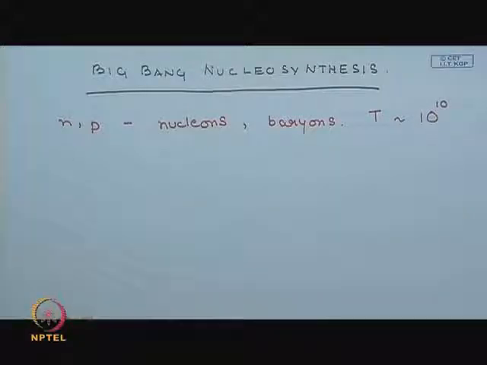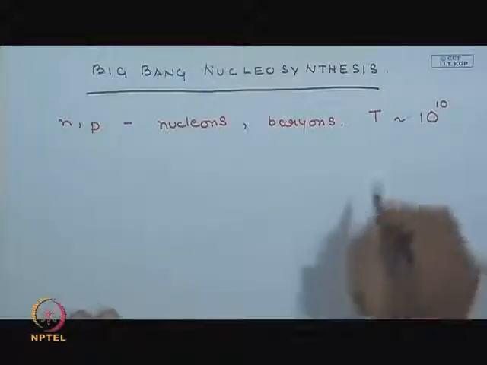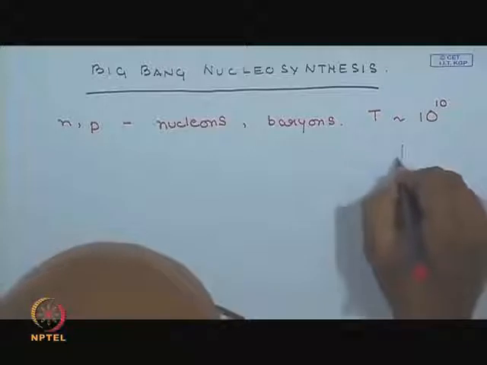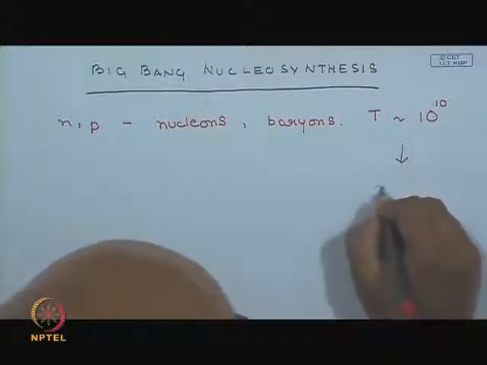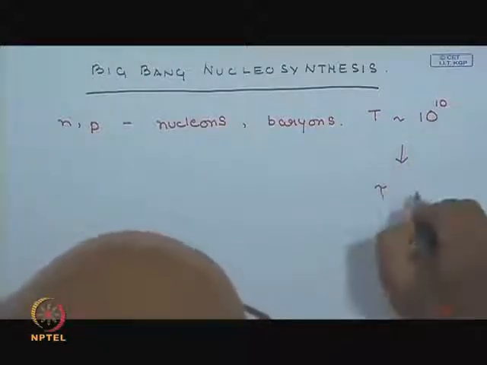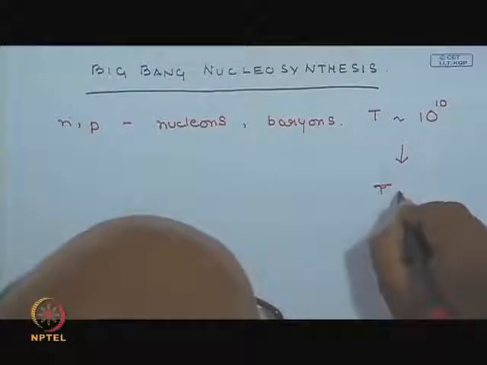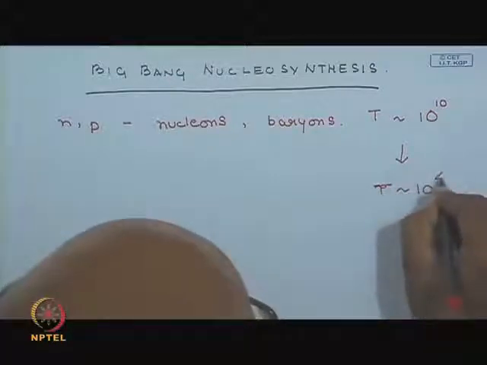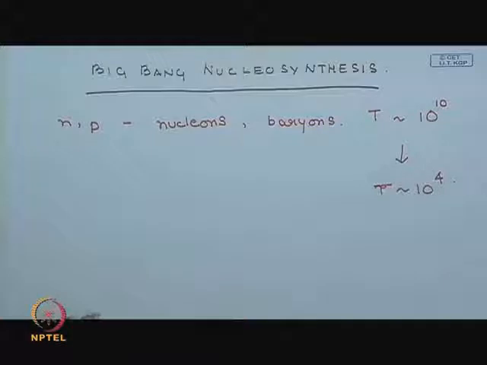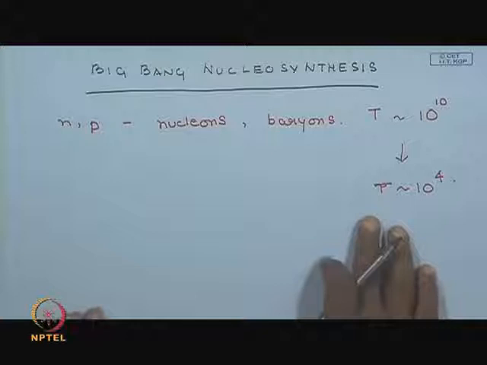So, we have seen that at 10 to the power 10 and higher, these particles do not play a very significant role in the dynamics of the universe. The dynamics of the universe is mainly governed by the neutrinos and the photons, which are relativistic particles.